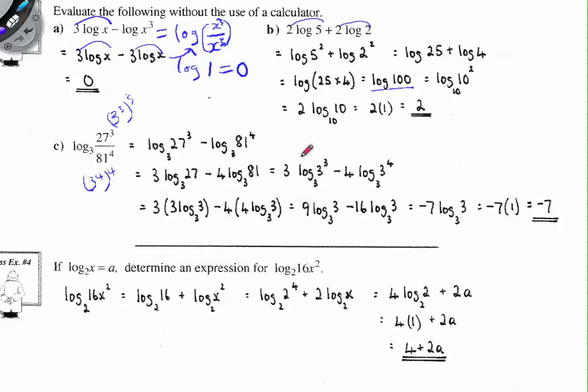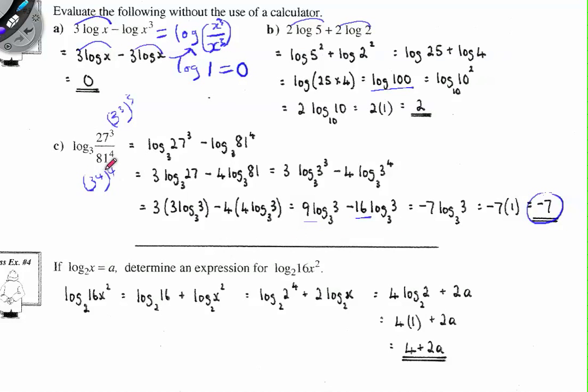We can now bring these forward, so that becomes 9, that becomes 16. Here we are, 9 and 16 here and here. And then finally, notice these are both log 3, so 9 log 3 minus 16 log 3 is negative 7 log 3, and log 3 to the base 3 really is 1, so this whole thing becomes negative 7.